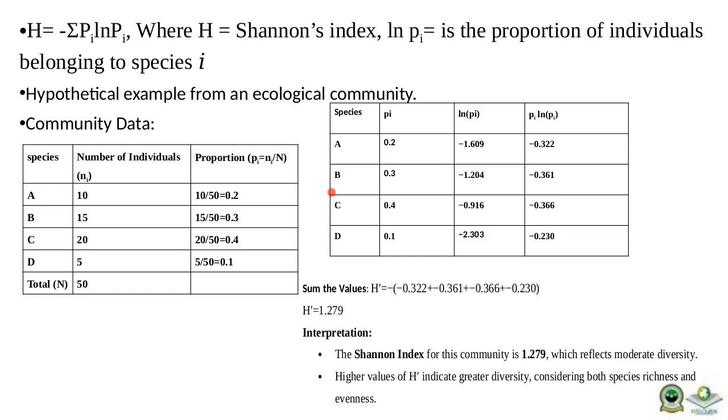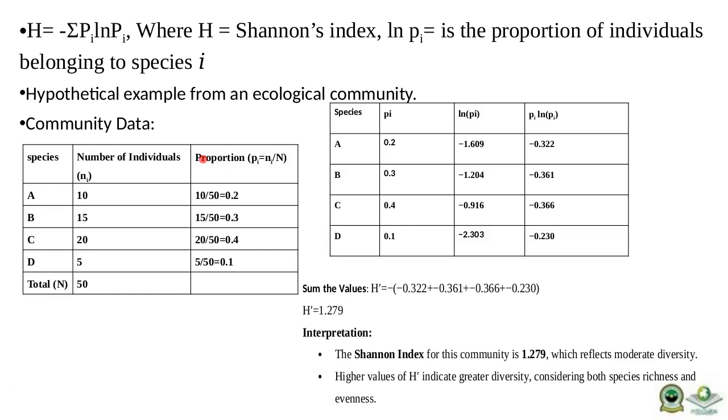This is the model: minus the summation of pi ln pi, where H is the Shannon's index, and pi is the proportion of individuals belonging to species i, the proportion of the total. The number of that species all over the total gives you the proportion.